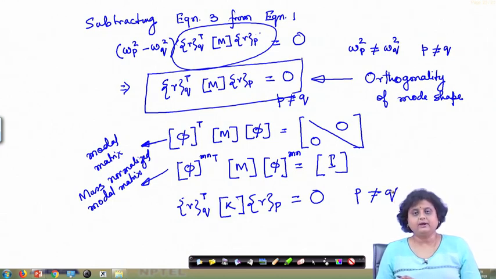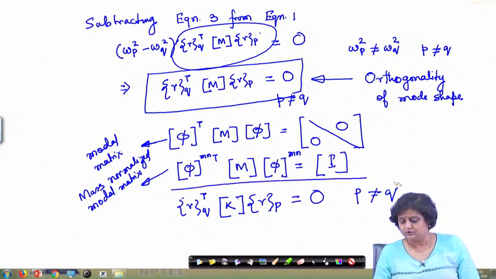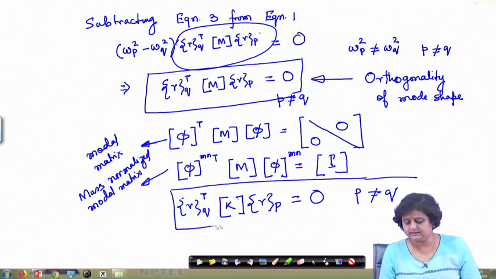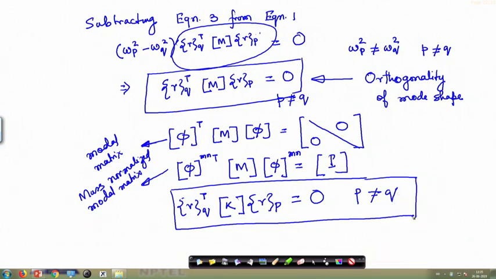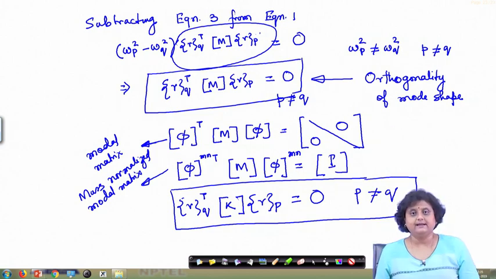Right. So, from equation 1 we can also derive this. This is also an alternate expression for orthogonality of mode shapes, where we say that the mode shapes are also orthogonal with respect to the K matrix.